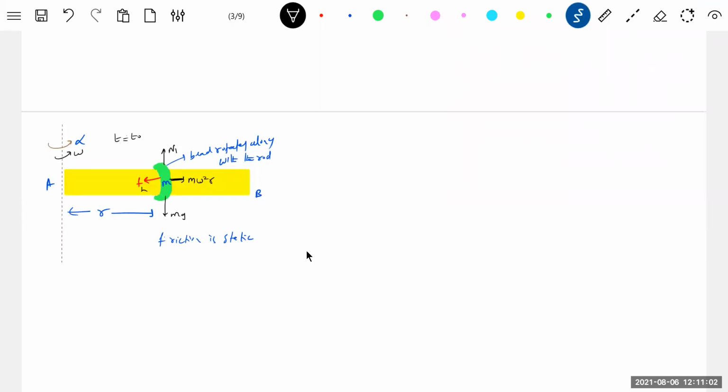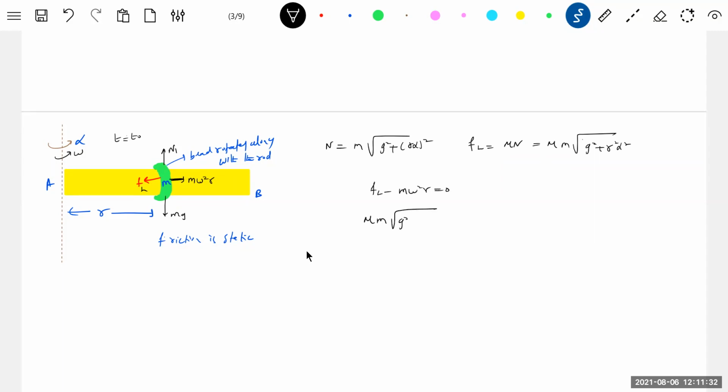Okay, again the same set of equations. N equals m times the square root of g squared plus (r alpha) whole squared. We have a lot of equations, no? F limiting equals mu N. On the bead, what is F limiting?